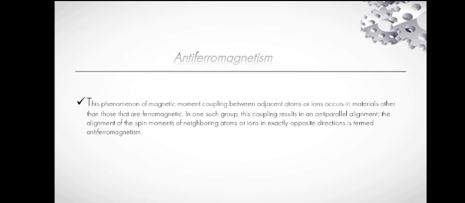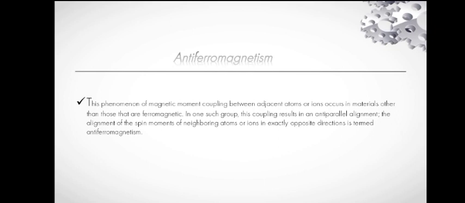So now let's move to antiferromagnetism. This phenomenon of magnetic moments coupling between adjacent atoms or ions occurs in materials other than those that are ferromagnetic. In one such group, this coupling results in an antiparallel alignment.